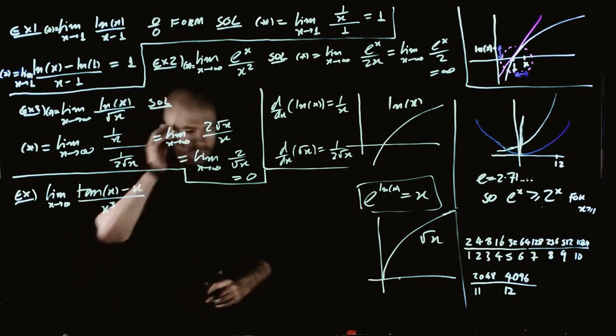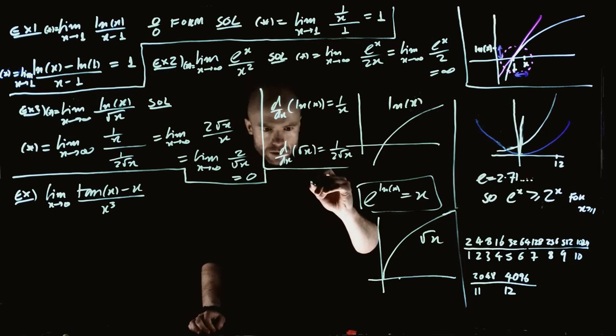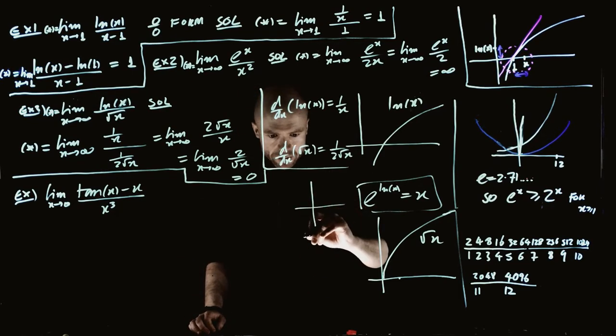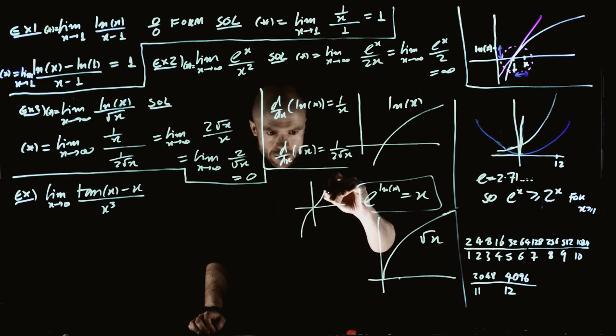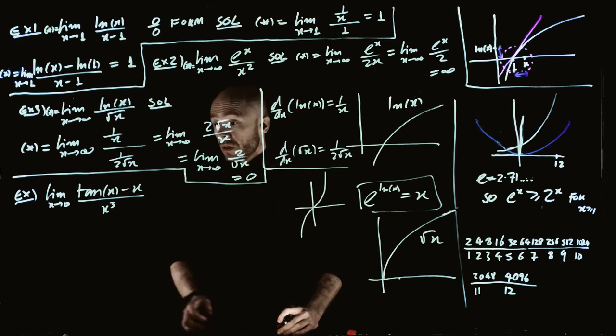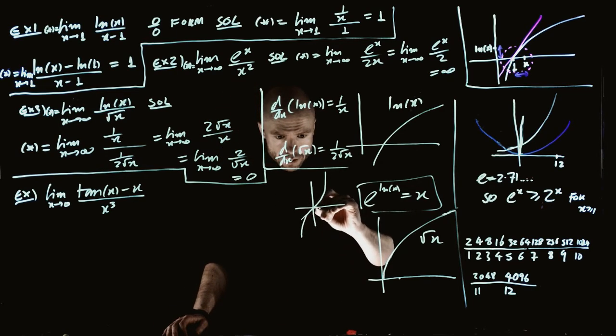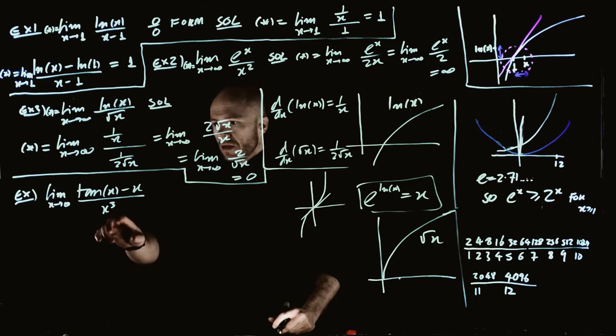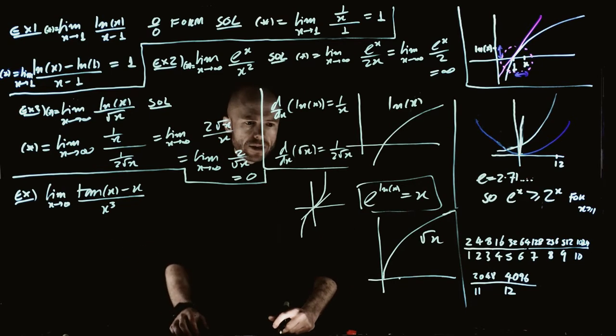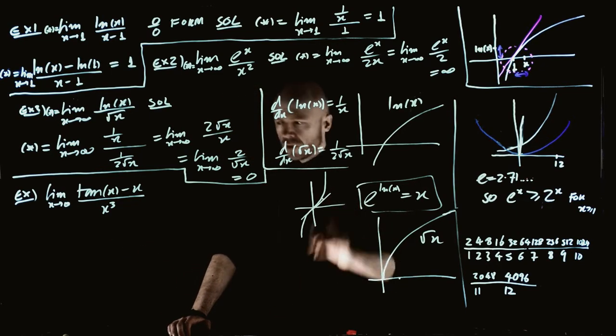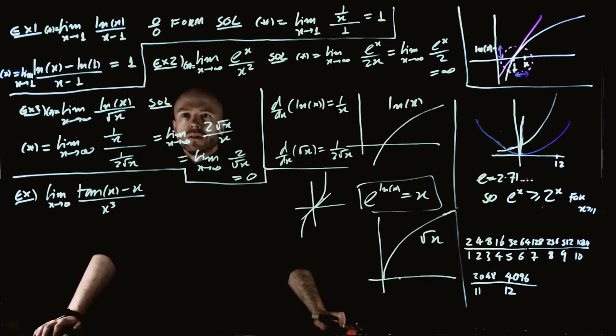Well, in this case, we have more of a problem because we have some idea about tan of x. Its tangent line is the line y equals x. And x to the 3, we know what it looks like, and what we're trying to compare is this quantity to x to the 3, and that's not so clear to us.